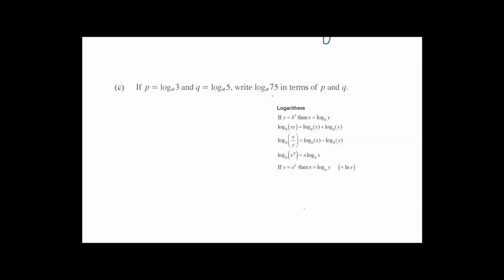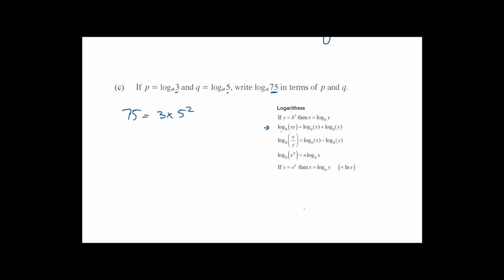What we want is 3. We've got 3 and the 5. They both have the same base as 75. So we want some way of making 75 a multiple of 3 and 5. 3 times 5 is obviously 15, but if you think about it, 75 is 3 times 5 squared. 3 times 25 is 75.